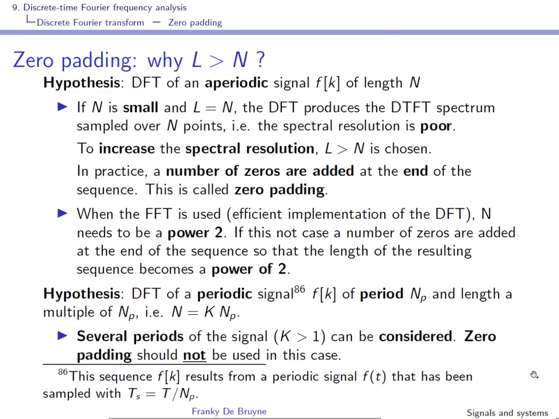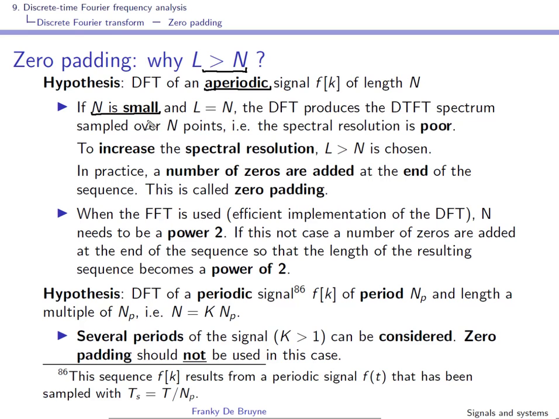We have seen that you can choose L larger than n, and in practice this will result in zero padding. So the question is, why would you do this? Well, the first thing that you have to know is that you can only do this if the sequence is aperiodic, because otherwise you'll have a strange phenomenon that is called spectral leakage that will appear. Well, a first reason why you can choose L larger than n is because your n, the number of data points, is small.